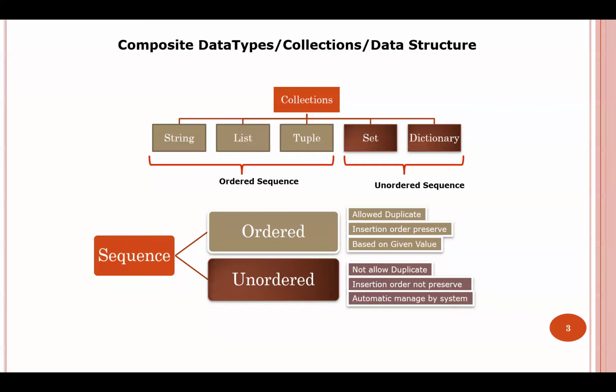For example, if you inserted a red ball first, then a green ball, then a blue ball, after going inside, maybe the order will change. Why? Because unordered sequences are highly memory optimized. So we cannot get the elements based on the index.